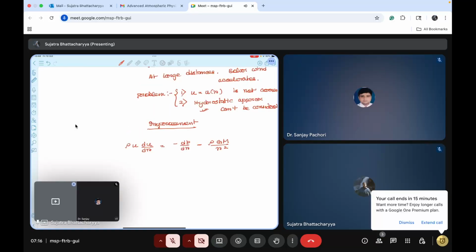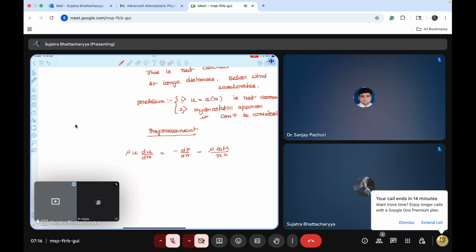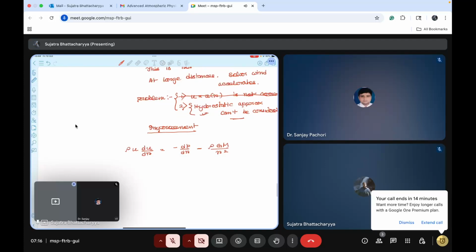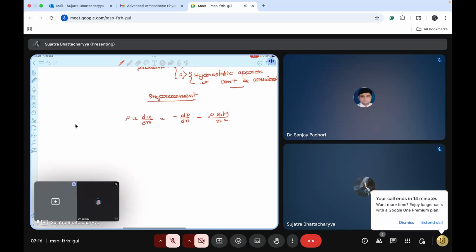So first of all, u is equal to u(r) is not correct. See, we are still taking u as a function of r, so I don't think this is one of the possible things. So I just cancel this. Only the hydrostatic approximation can be considered. Let's see later what we can get from this. We are still taking u as a function of r. That's all. And this is the final expression because the electromagnetic term we have reduced.